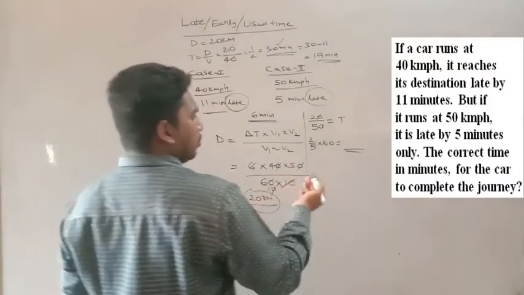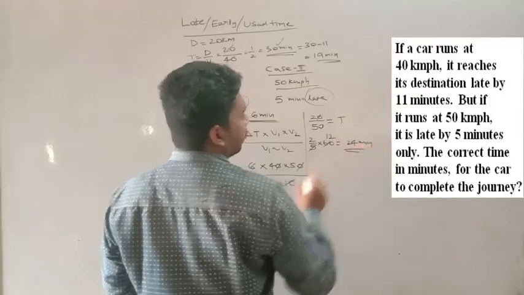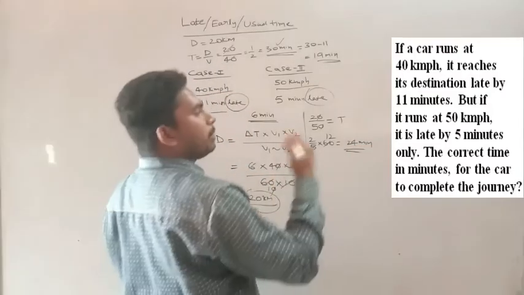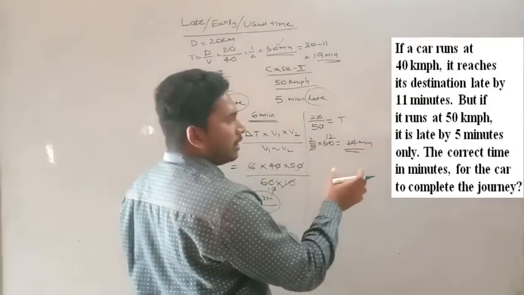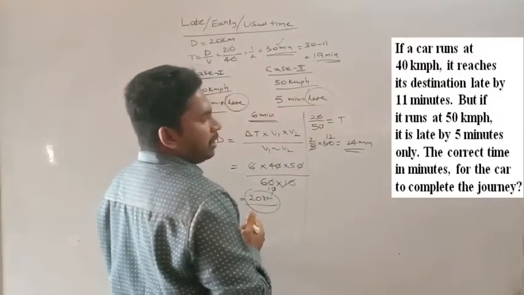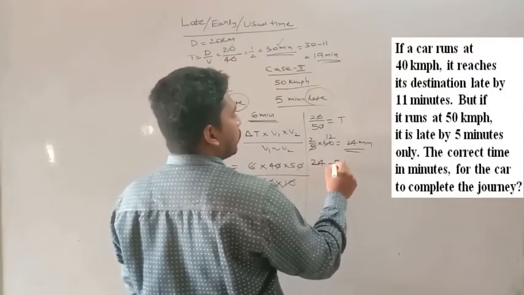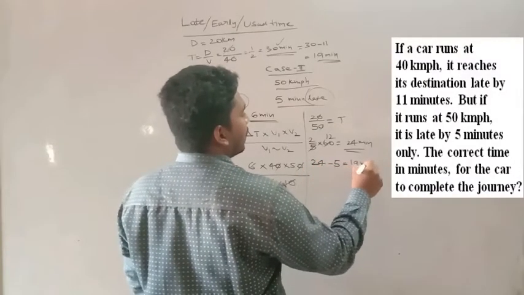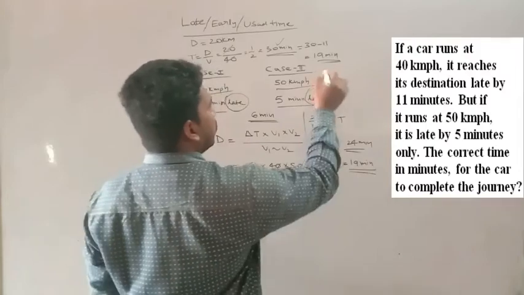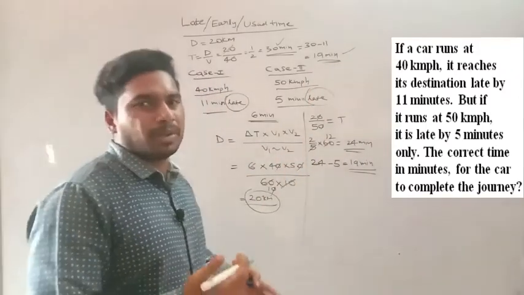Okay, so that will be 24 minutes. So if you reach a place in 24 minutes, that will be late by 5 minutes. Then what will be the correct time? 24 minus 5, that will be 19 minutes. Okay, so in both the cases we have got the same answer. This is how you have to solve this.